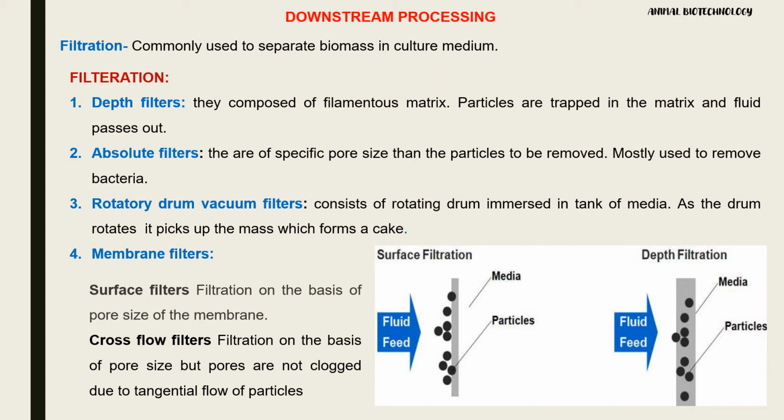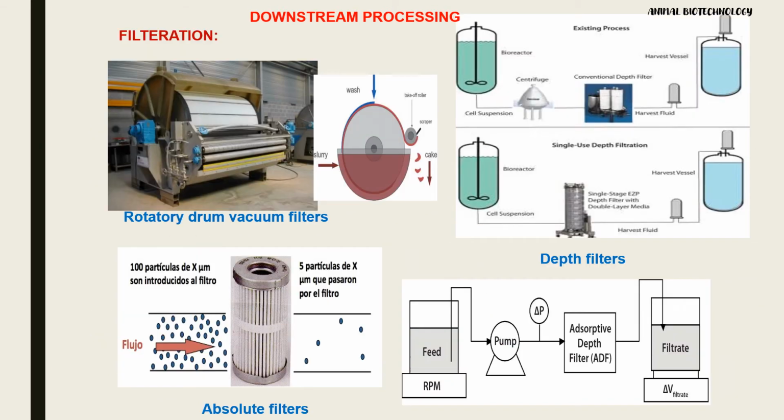Another type is cross-flow filters. Here, filtration is done on the basis of pore size, but the pores are not clogged due to tangential flow of the particles. The figures here show different types of filtration units used in downstream process.